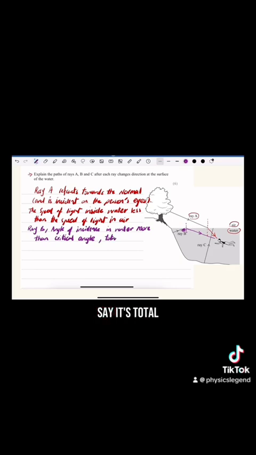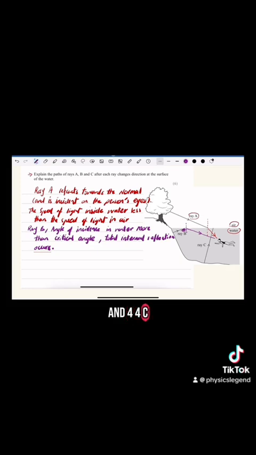So I would say it's total internal reflection, and this total internal reflection occurs under the water in the denser medium because the angle of incidence of ray B is more than the critical angle. So I think I already covered indicative points 1, 2, 3 and 4.